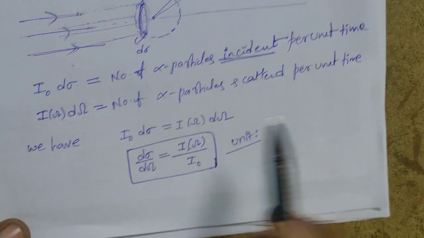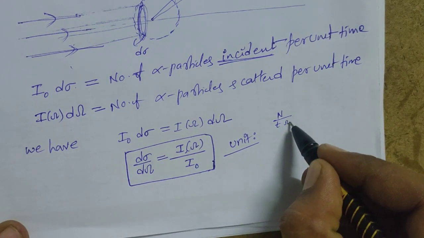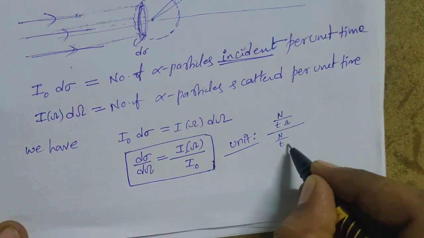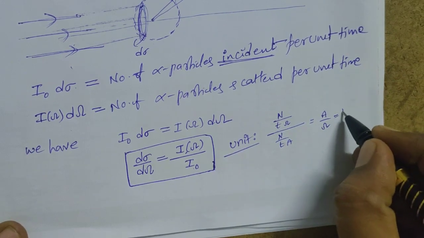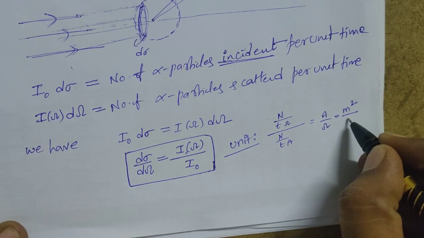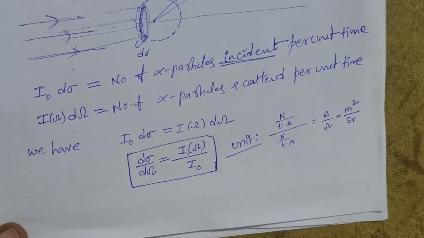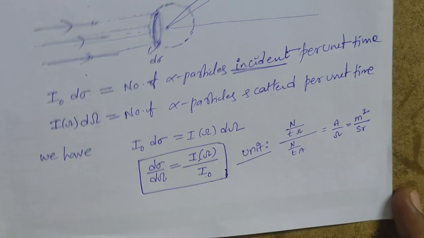Number per unit time per unit solid angle, divided by number per unit time per unit area. So area by solid angle. Area is measured in meter squared, solid angle in steradians. So meter squared per steradian will be the unit of the differential scattering cross section.